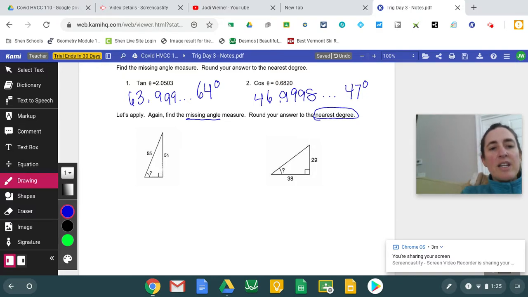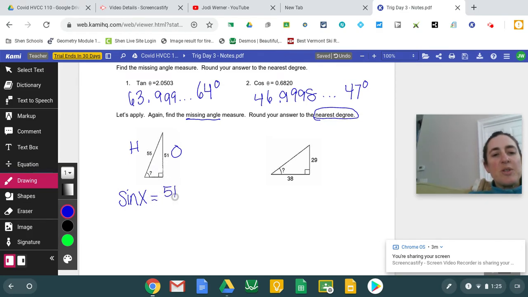The 51 is the opposite, and this is the hypotenuse. So O and H are going to be sine. The sine of x, because that's the angle I'm looking for, is equal to 51 over 55, opposite over hypotenuse.